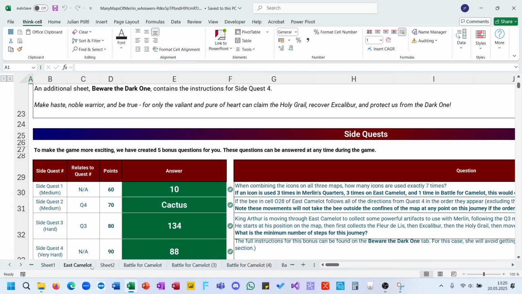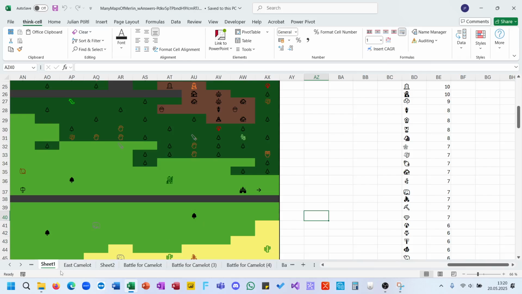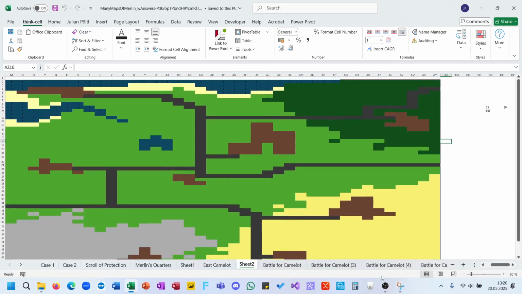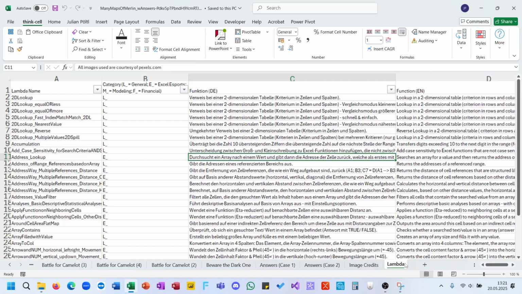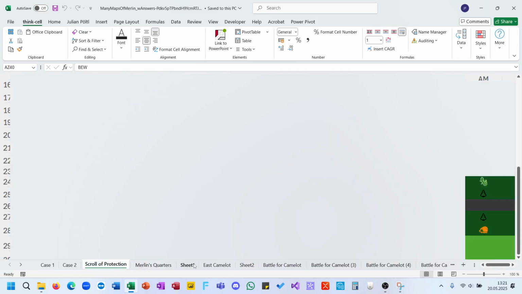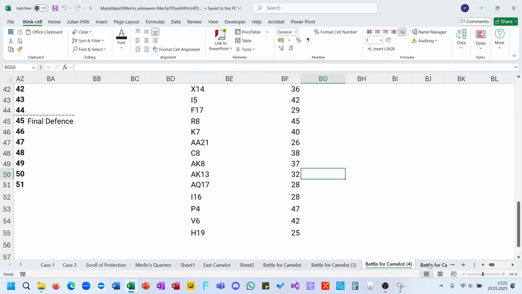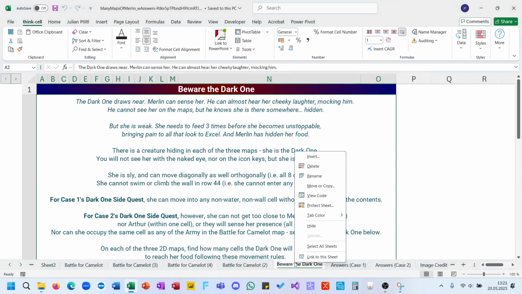Question is, I probably overwrote, but I have copied from the original maps. It could be that I overwrote some of the stuff. Where is the sheet? I've lost this count sheet. Okay.